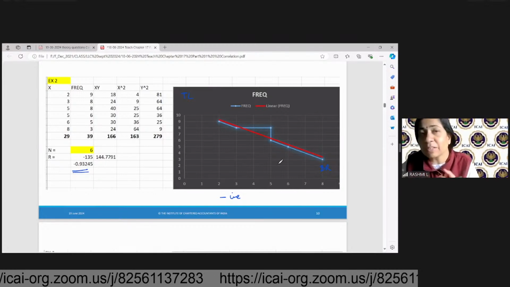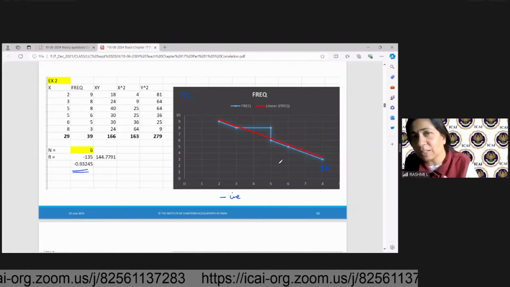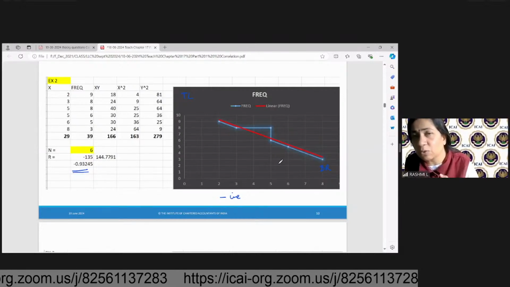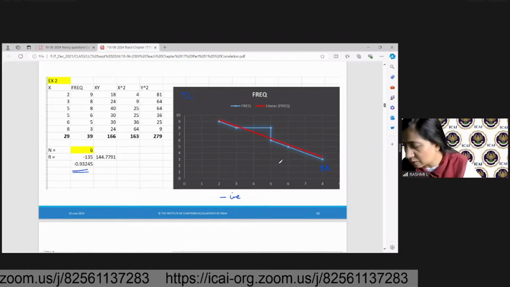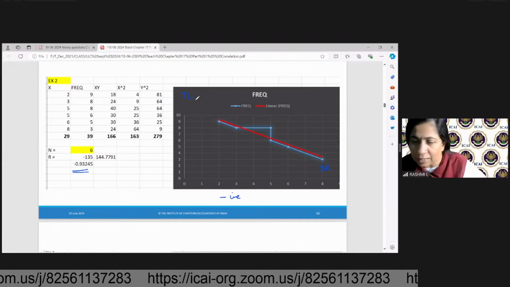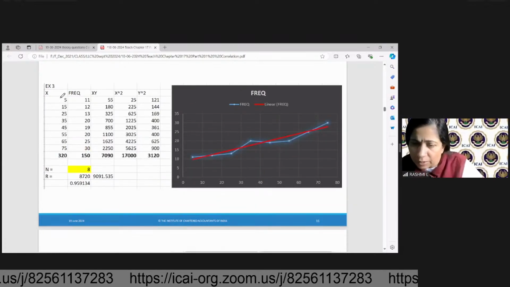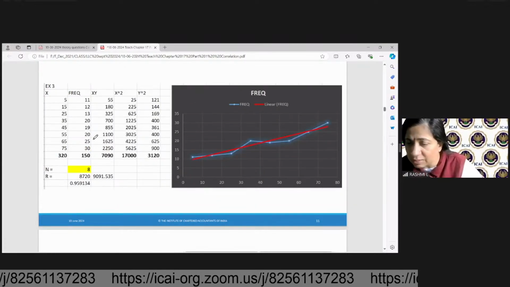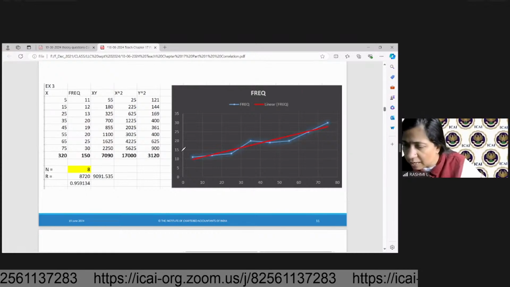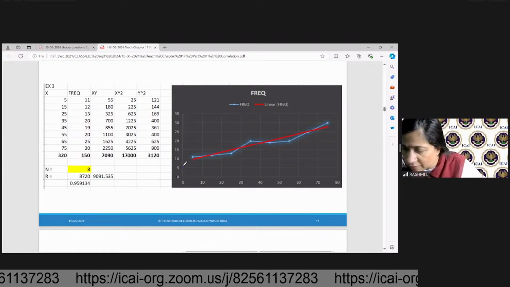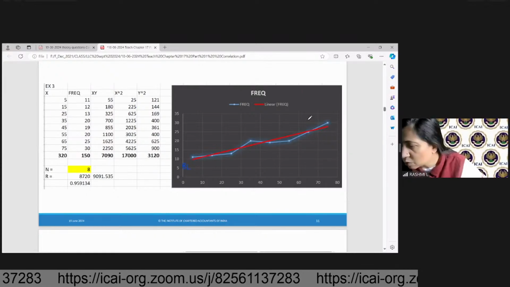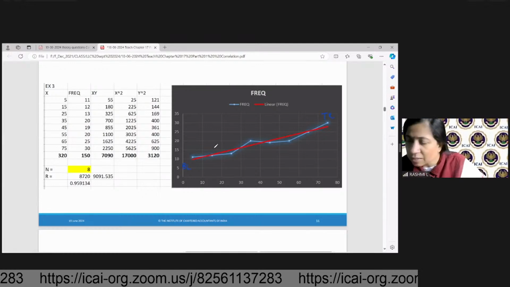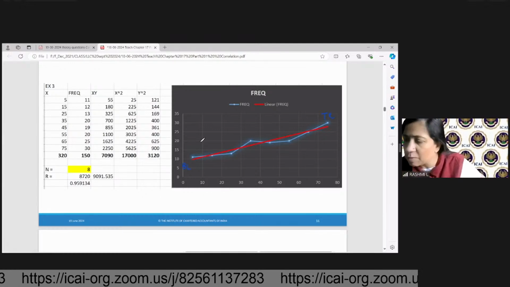Sometimes they may even show you a graph and ask you whether it is a positive, negative correlation or non-correlation. Now let us see another example. Here also x is given, frequency is given, and then we plot it. It is going from bottom left to top right.